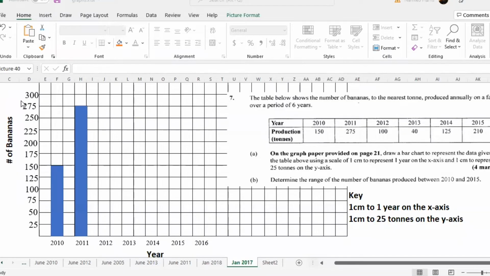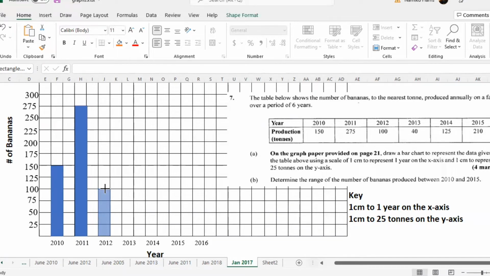Right, so we put the additional labelings on our y-axis. So this is where we go to 275. Now we are at 2012, and 2012 has a height or production level of 100. So we're coming over to 2012, and the height production level is 100.